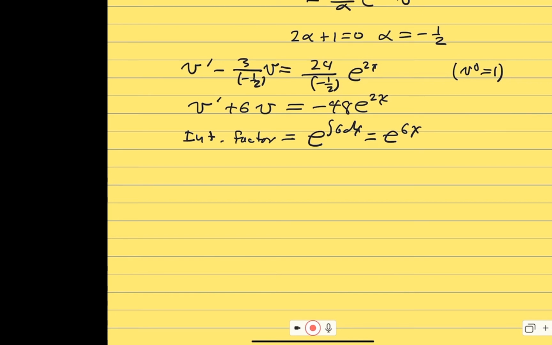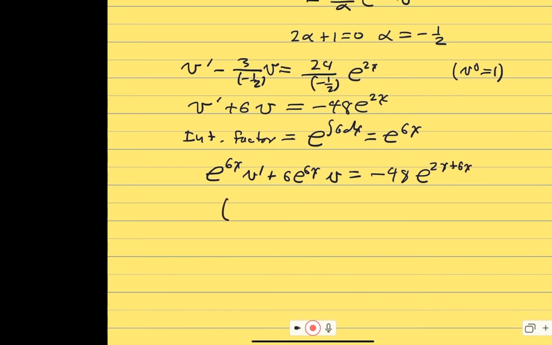So multiplying this by e to the 6x, we get e to the 6x v prime plus 6e to the 6x v, and that is minus 48 e to the 2x plus 6x, multiplying that through.